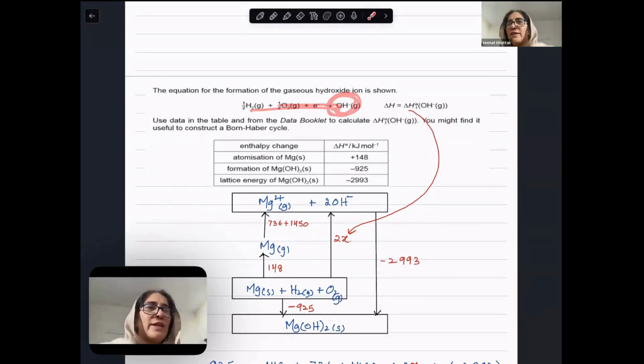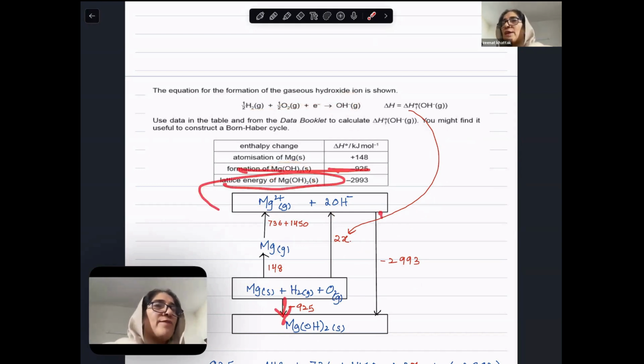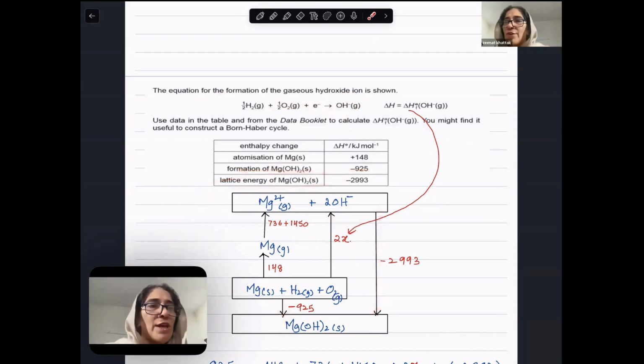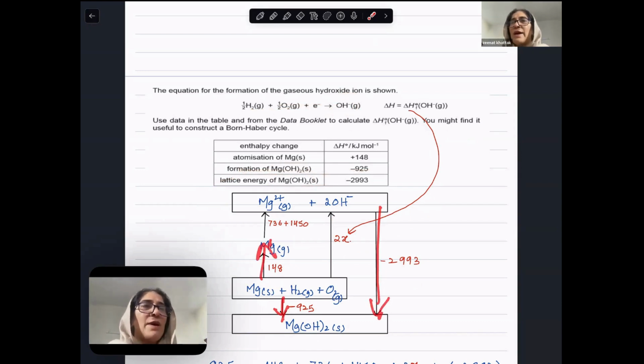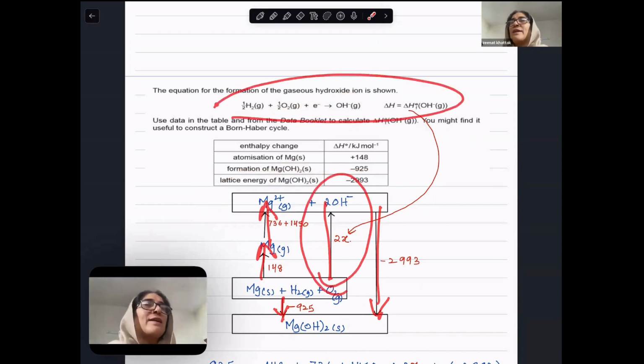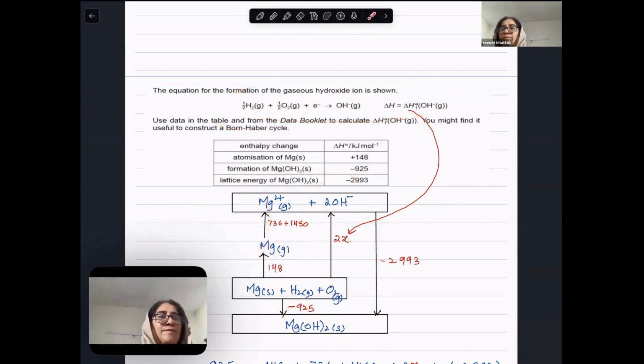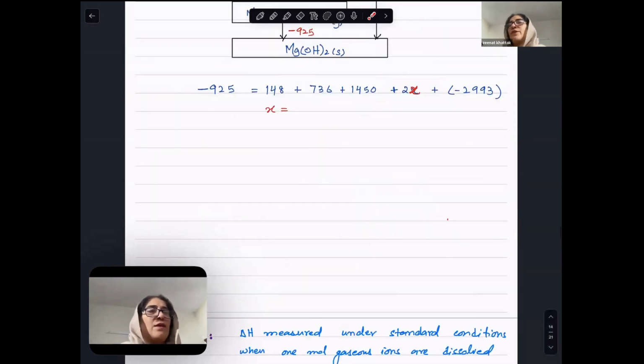Formation of the hydroxide, but the information is of magnesium hydroxide. Like you have the formation, you have the lattice, atomize, ionize, and this step is directly asked. Look at the others. Oh, it's not given.